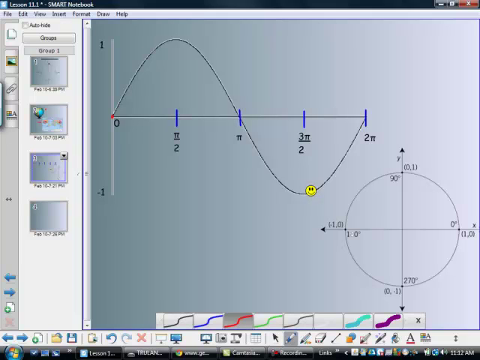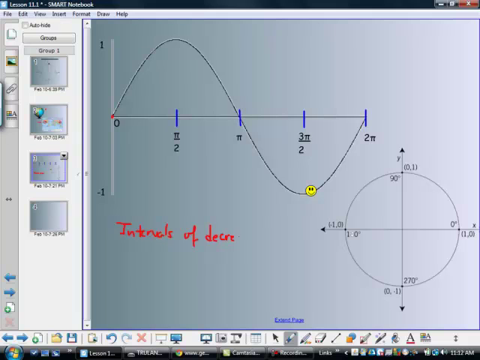So if they ask me for intervals of decreasing, we could say he's decreasing from pi over 2 to 3 pi over 2. And I'll use the open brackets. Or you could write pi over 2 less than x less than 3 pi over 2.